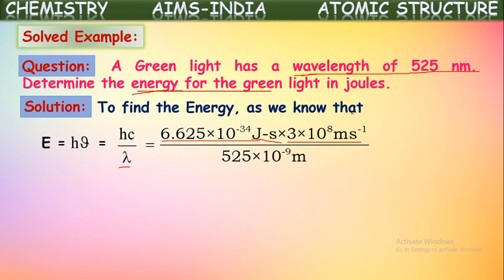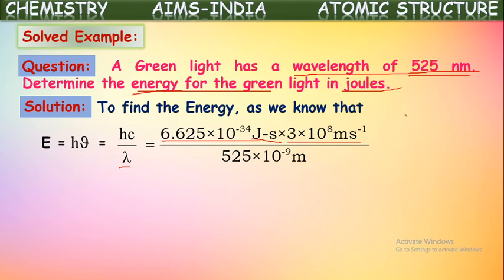They have given the wavelength in nanometers. It should first be converted into the SI system, because they asked to calculate energy in joules. The value of h is taken in joule second, SI units, and velocity is also taken in meters per second, SI system. So the wavelength also should be converted into meters.